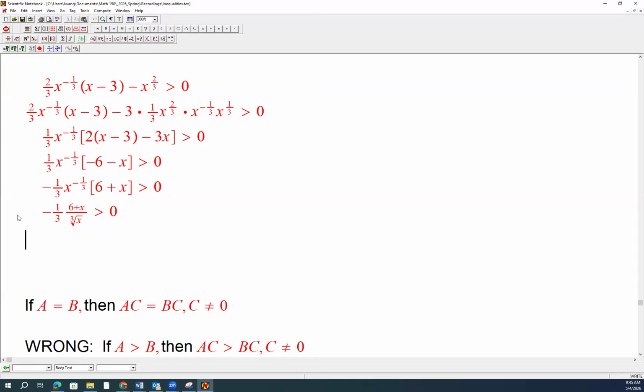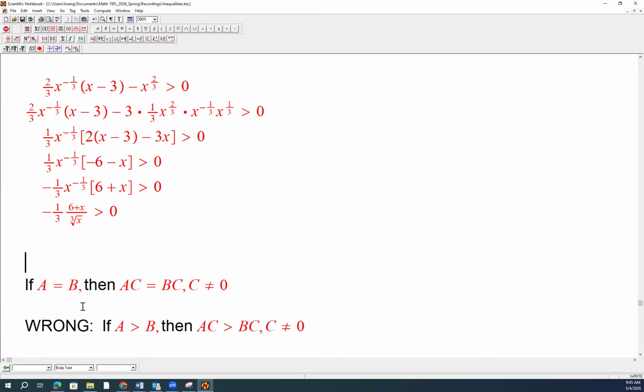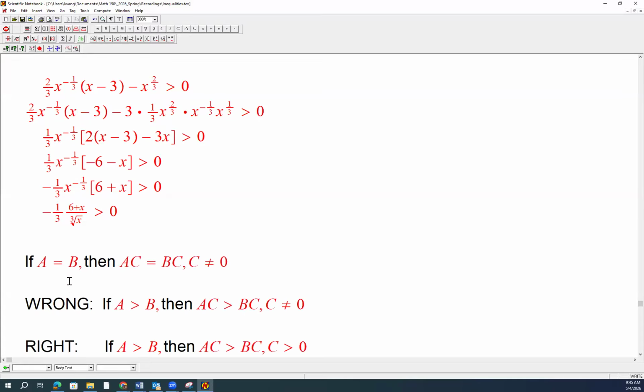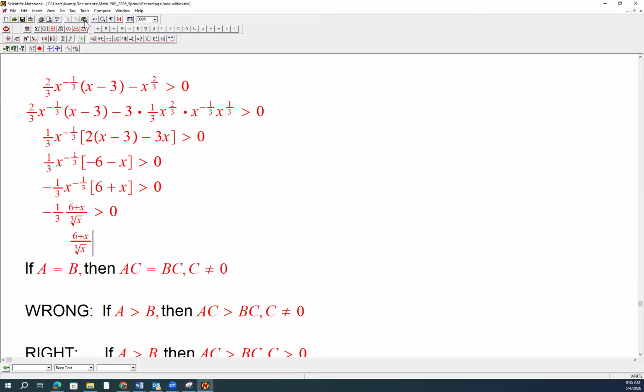And then I want to get rid of the negative 1/3. How do I do that? I'm going to multiply both sides by negative 3. If I multiply both sides by negative 3, I will have to change the direction of the inequality sign. And I will get this, that will become less than 0.